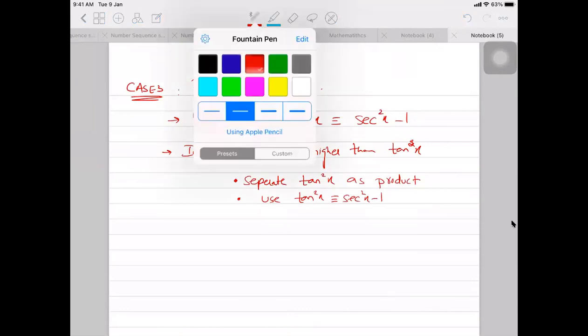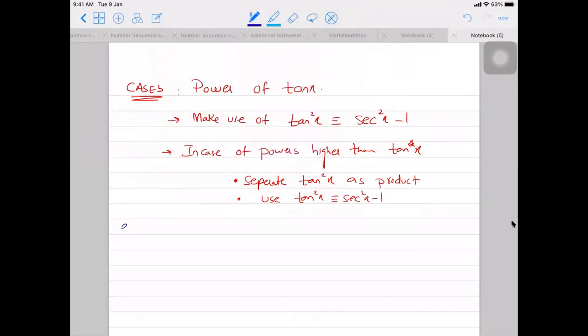So let's do an example. Let's integrate tan square x.